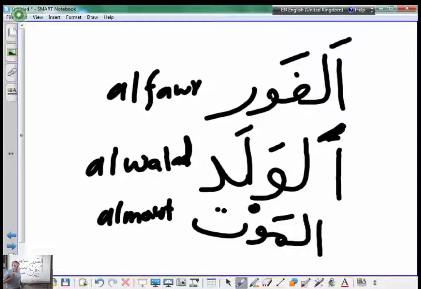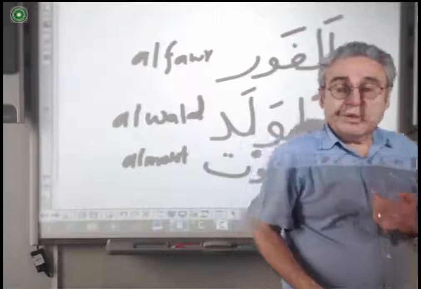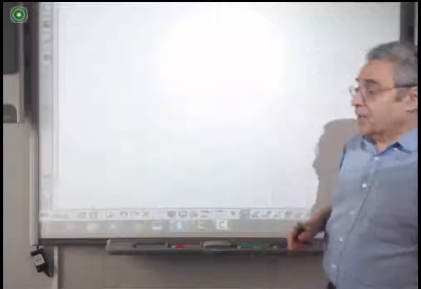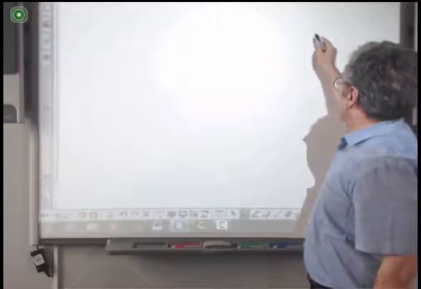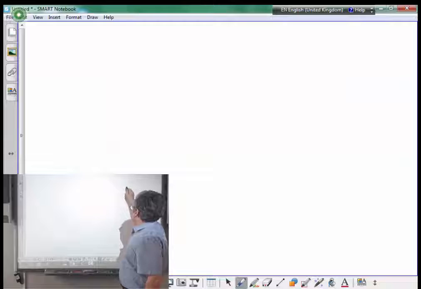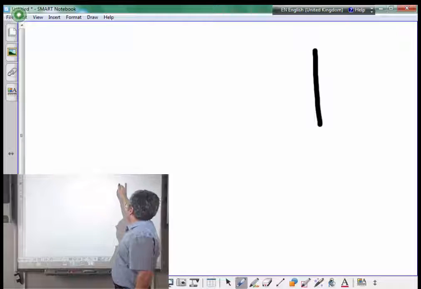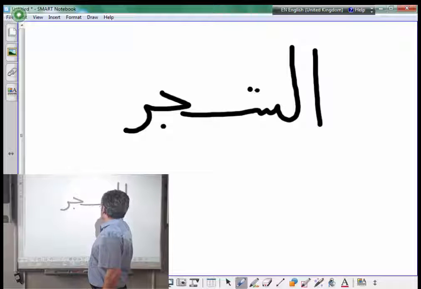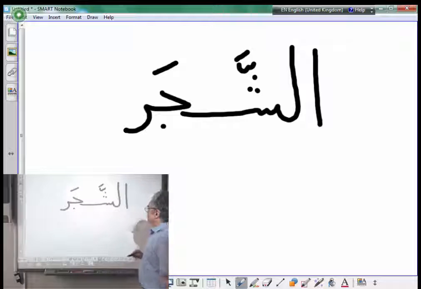But with some letters, most of the tongue letters, we will not pronounce the L. Maybe I will put it for the next session, but I want you to look at this one here.